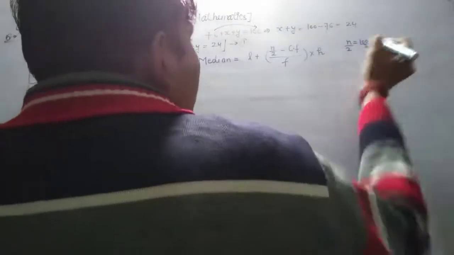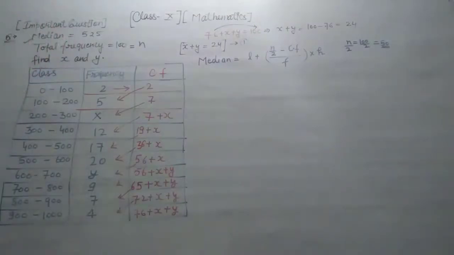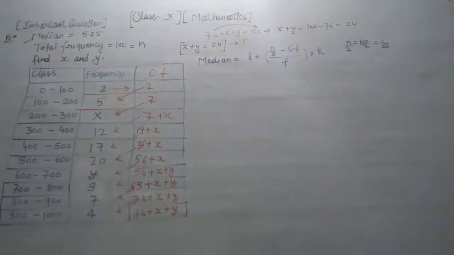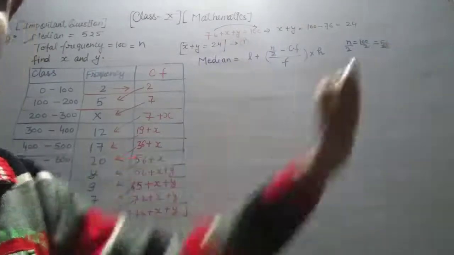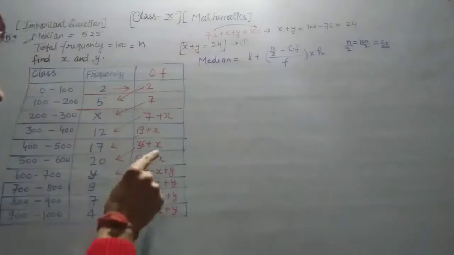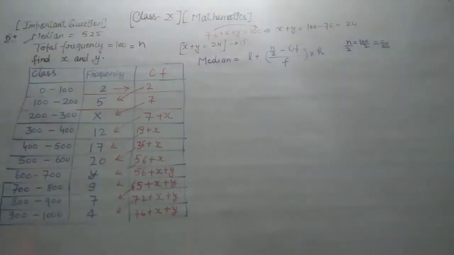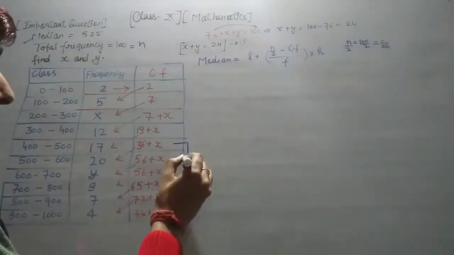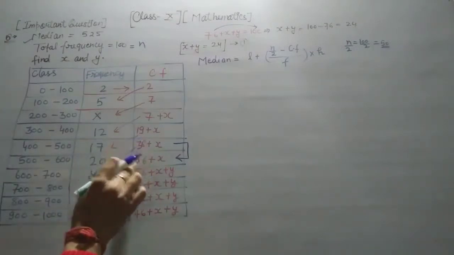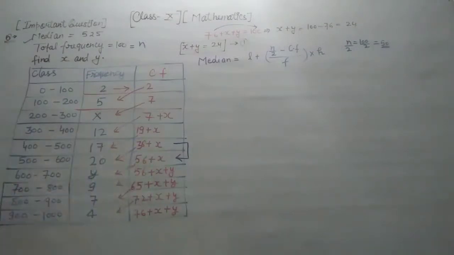So you have to find the median class with the help of 50. How to find the median class with the help of 50? You have to see here. 50 lies between these two cumulative frequencies. So this is 36, this is 56. So 56 is the greatest value and 36 is the smallest value. So you have to find just after the greatest value.